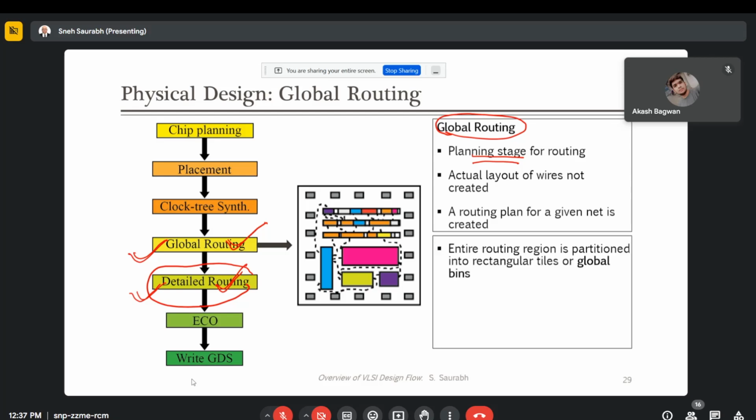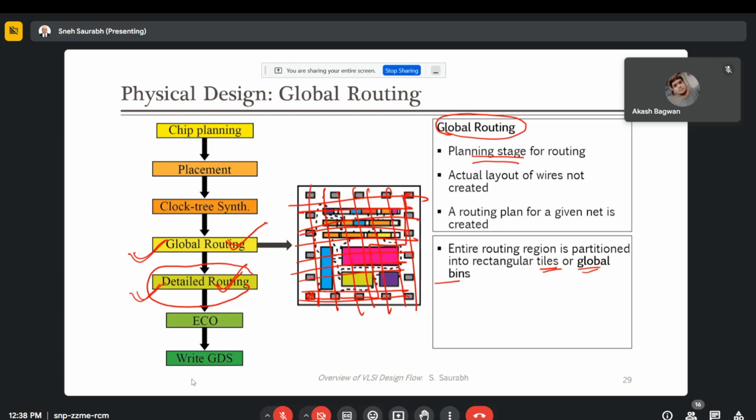In global routing, the tool will partition the layout into rectangular regions, which are known as global tiles or global bins. So it will say this is my layout, and I partition it into multiple grids, like this. If I want to make a wire from this point to this point, I will take this path, this path, that path, and so on.